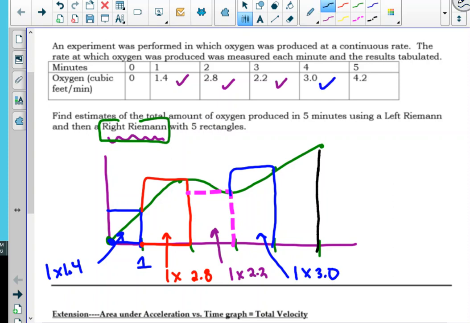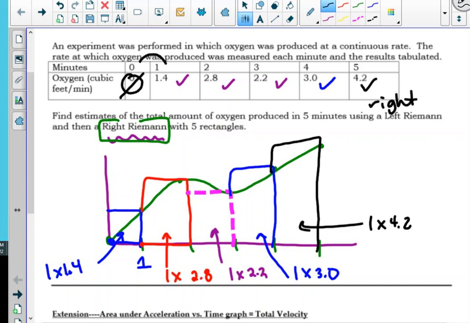And then number 5, 1 by 4.2. So in a right Riemann, I don't use the first function value as a height. I use the rest of them, everything except the first number. So 0 to 1, 1 to 2, 2 to 3, 3 to 4, 4 to 5. 5 intervals, 5 heights.